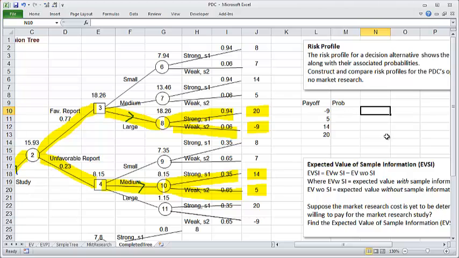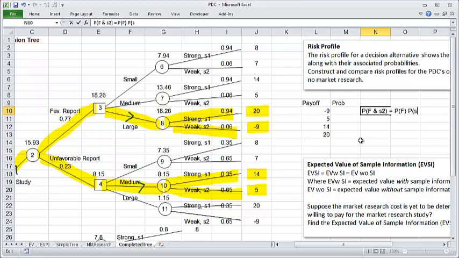So here we want the probability that favorable report and weak demand S2 have occurred. So this is a joint probability. You know that you need to multiply the corresponding probabilities. Formally, we'd be doing something like this: probability of favorable report, and then after that, given the favorable report, getting the weak demand.